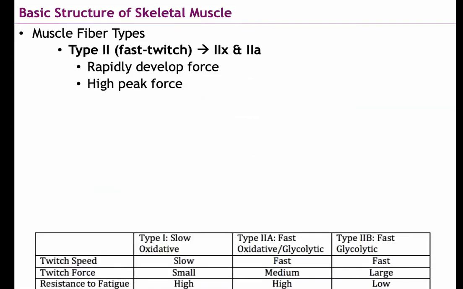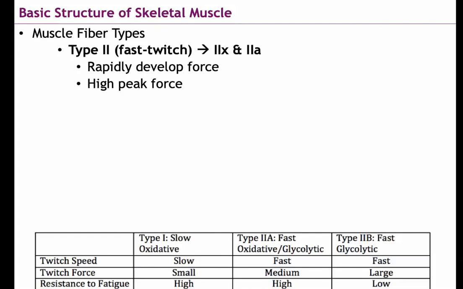Okay, and now let's talk about type 2 fibers. I'm going to talk about type 2 fibers as a whole, so I'm going to talk about both type 2X and type 2A. They produce force rapidly. Once activated, they will contract very quickly, and they produce a lot of force. So high force production and rapid response rate, a fast twitch rate.